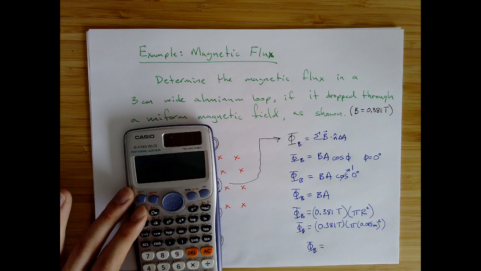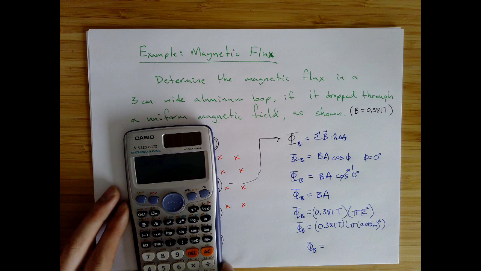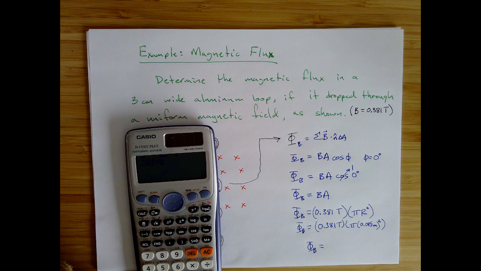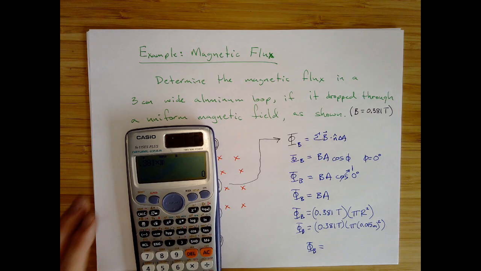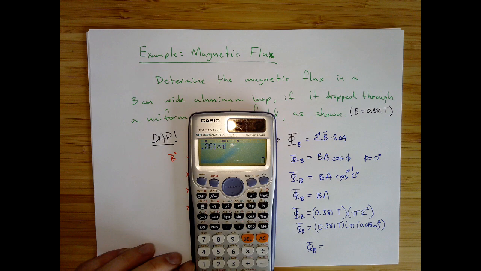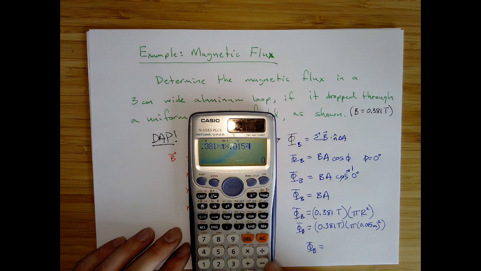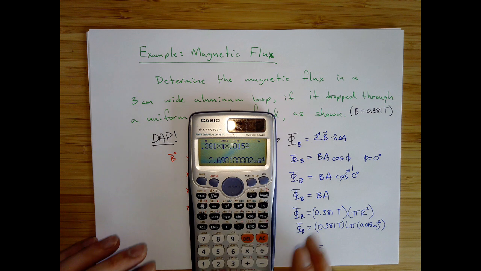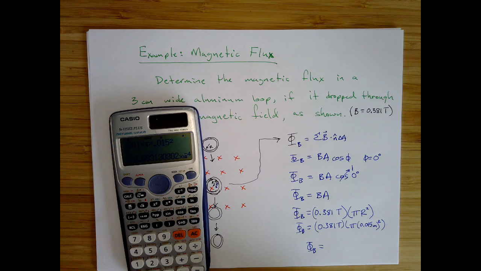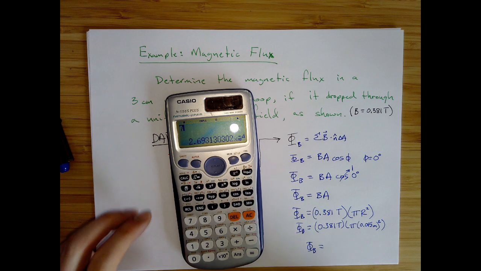Never round pi. You should always use the symbol for pi. Looks like you can't see the screen there. Always use the symbol for pi, then multiply by 0.015 squared, and we get our solution to be 2.693.